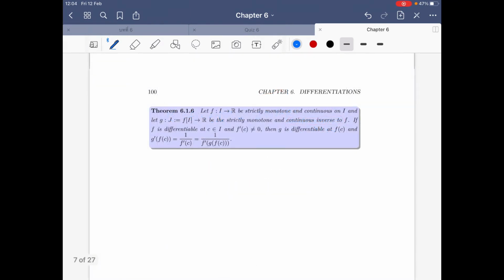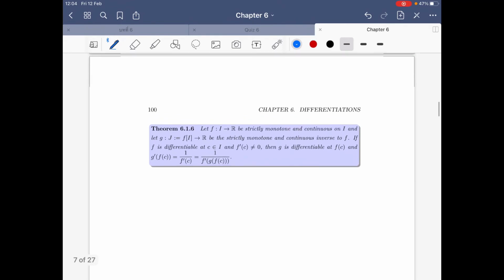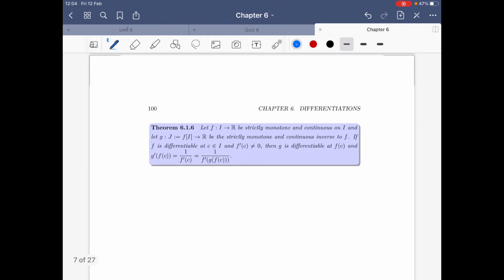The next theorem is something that you may have used during your Math 1, but you may have forgotten. For example, the formula in Math 1 looks like this: dy/dx is the same as 1 over dx/dy.